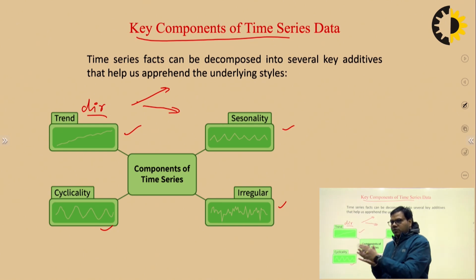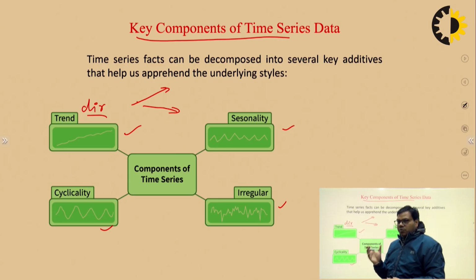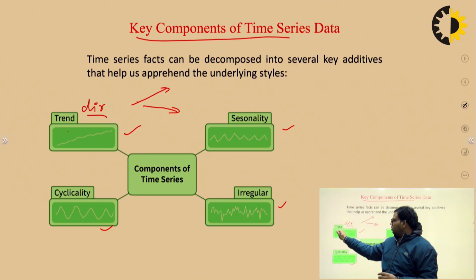Somewhat like, in stock prediction, generally we say the market is bullish, or the market is bear. So this is the trend we are talking about. We are analyzing the data on the basis of that periodic data and telling the trend: the market trend is towards the bull or towards the bear.